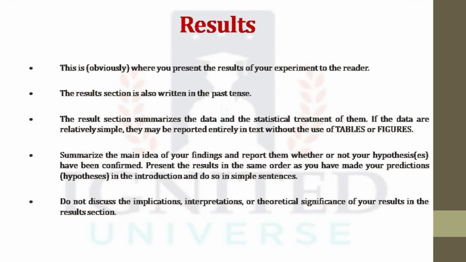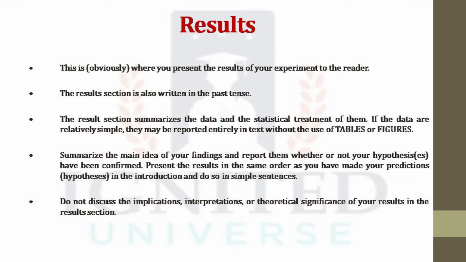Otherwise, you can present your subjective data in short, precise form, and if it's a hypothesis, then you can state whether it has been accepted or rejected. You can present the results in the same order as you made your predictions in the introduction, and do it in simple sentences. Do not make use of complex and too much technical writing.